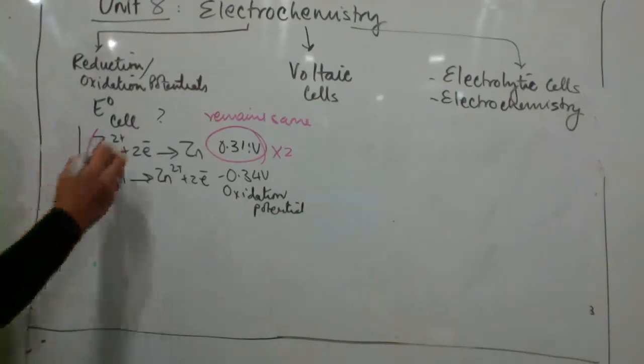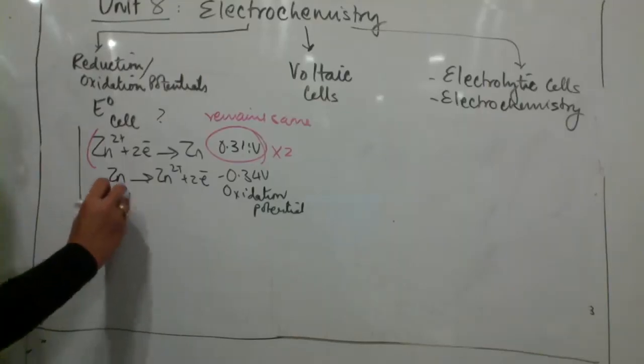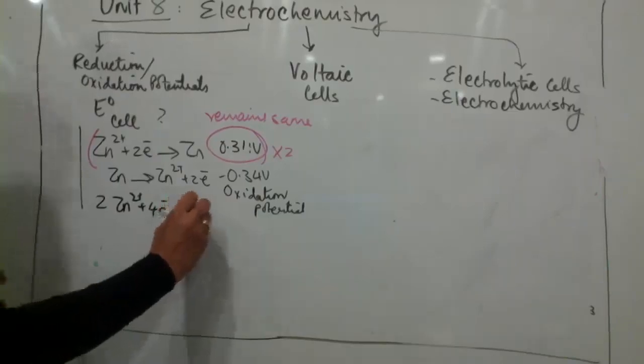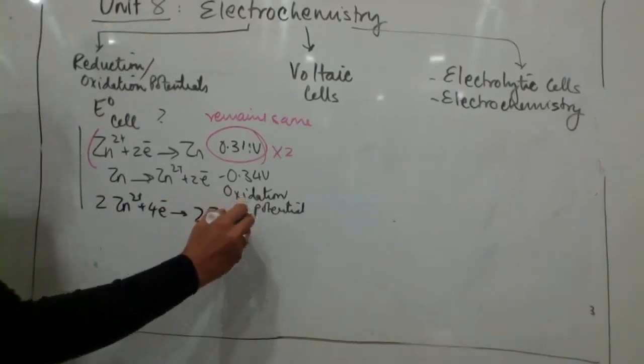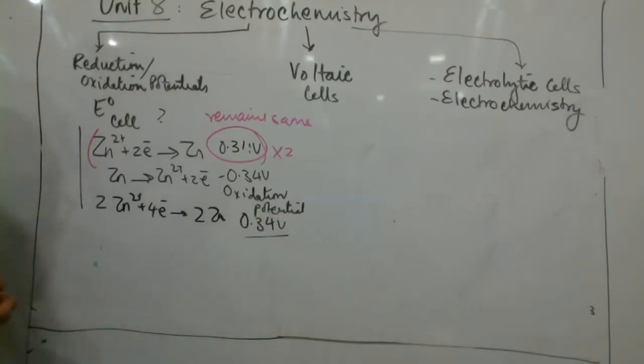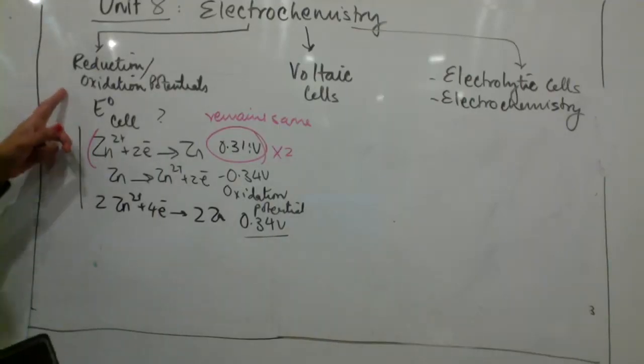So the ratio remains constant. So for 2Zn2+ plus 4 electrons gives you 2Zn, the reduction potential will still be 0.34 volts if it is 0.34 volts. Okay, so that was the one thing to remember. Any questions on reduction oxidation potentials? Anything so far on this?